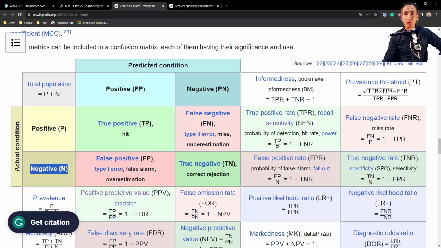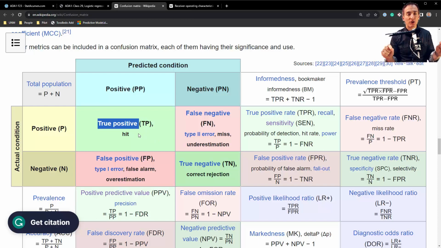Then we have what the model predicts, whether it correctly predicted a positive, right? So if someone was actually a positive and it was predicted as positive, that's a true positive. We did it. There's a bunch of additional words in here, and I'm only going to use the terms that I prefer to use.